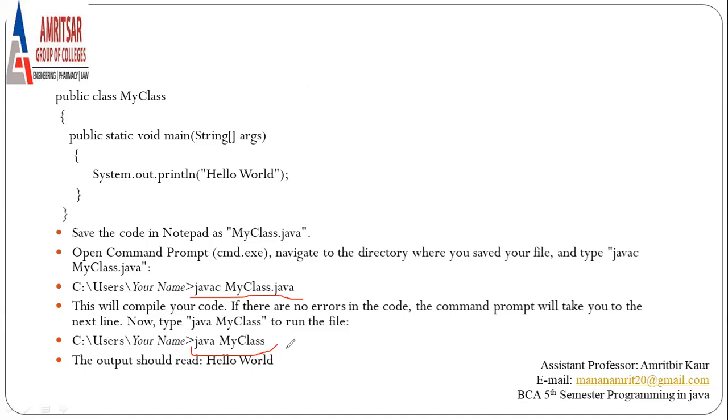If you do not compile your program, you will get the old output, because the Java interpreter uses our old bytecode. So after modification and after creation, firstly, we have to compile our program and then we can execute it.